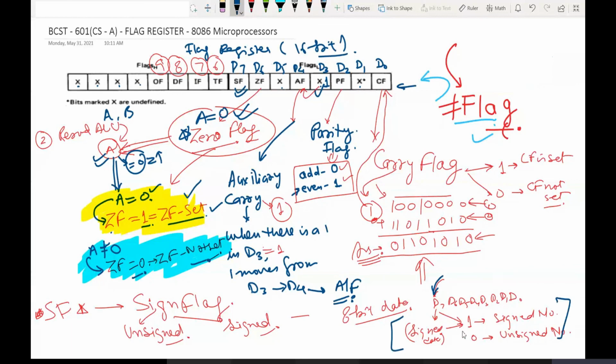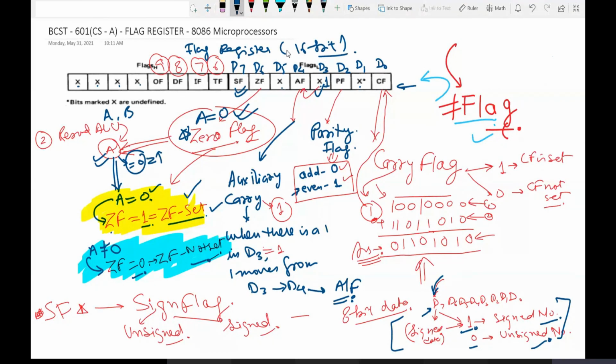So whenever there is a 1 at D7, that data will be signed data, and if it is 0, then it will be unsigned. That's why we kept it at the location of D7, so that it is easy to copy, paste and check. Is that clear? Sign flag?